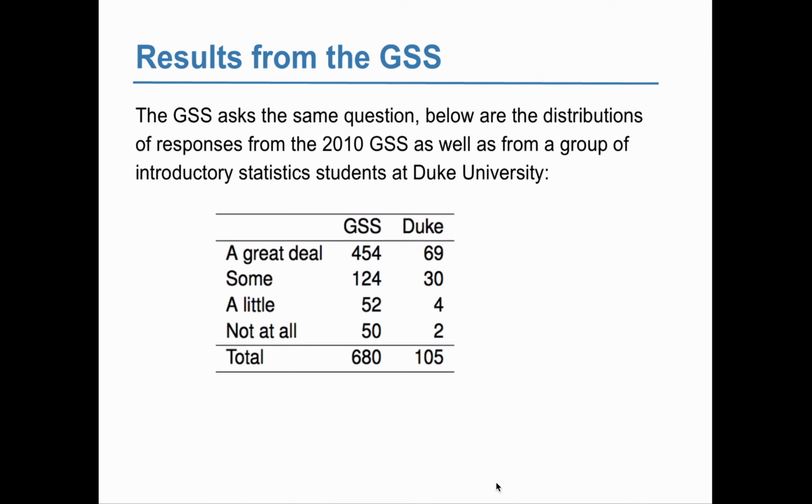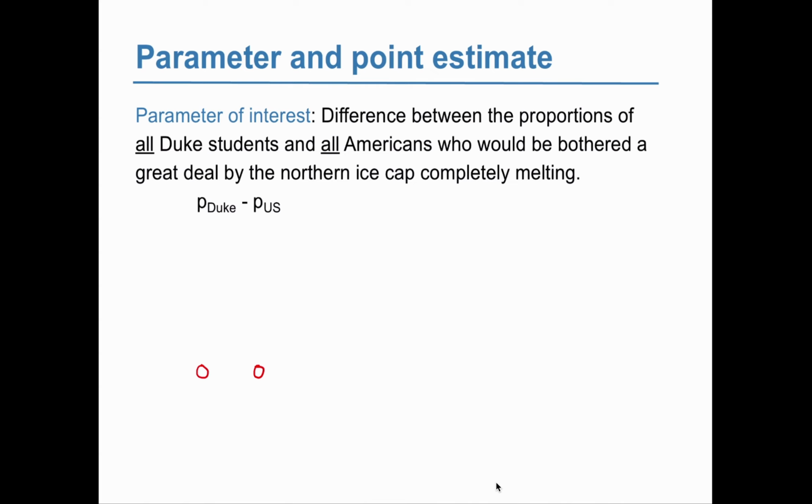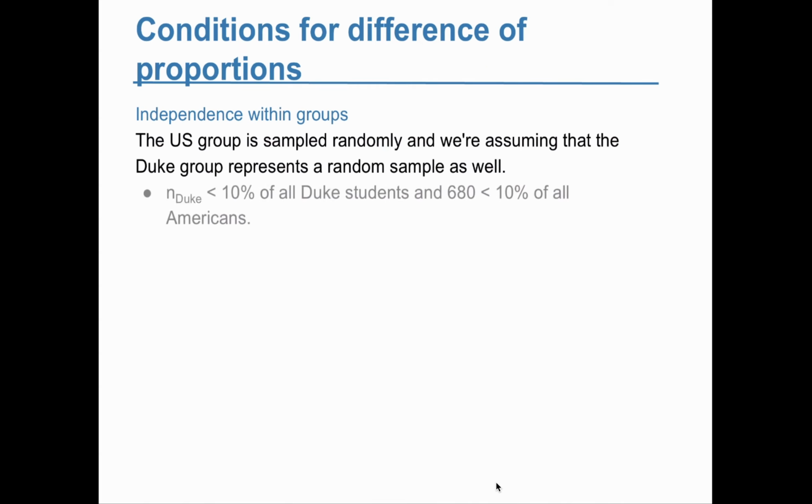So what was our sample size here? There are more than 1,050 Duke students, and there are more than 6,800 Americans. So we verify those.